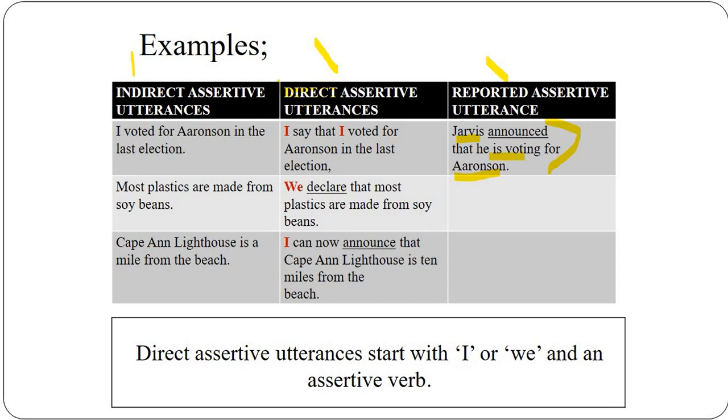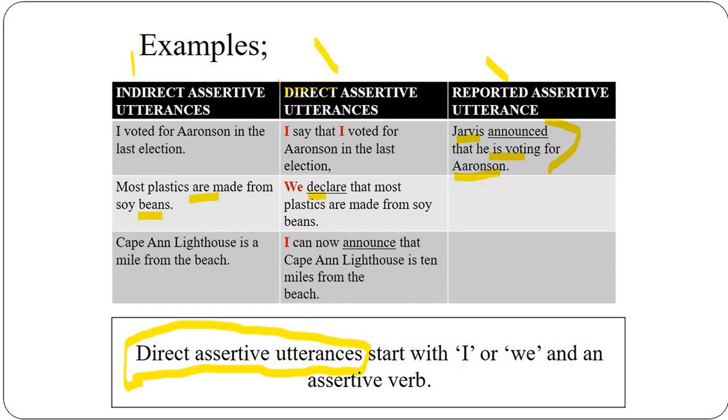So it asserts this fact to us. And another example of indirect assertive utterance: most plastics are made from soybeans. And so we declare that most plastics are made from soybeans. So if we say, I say, we declare, or such things, these are examples of direct assertive utterances.